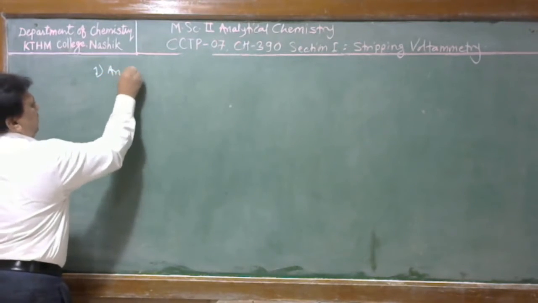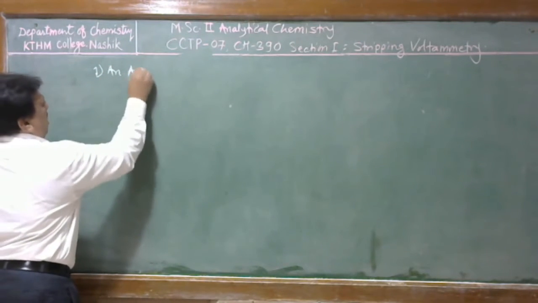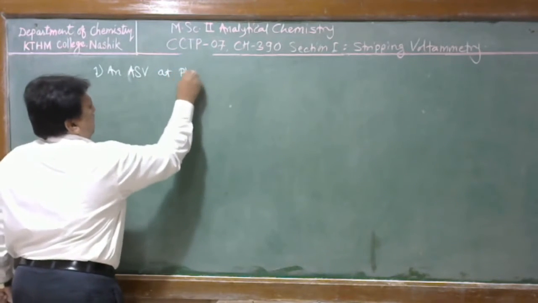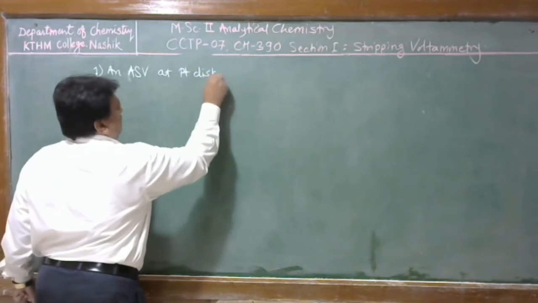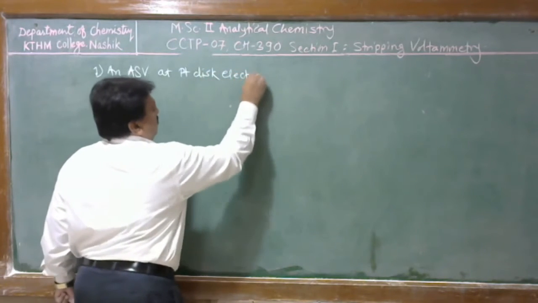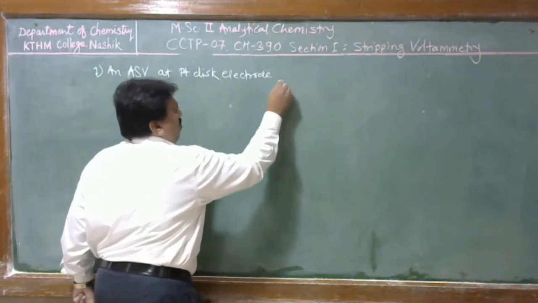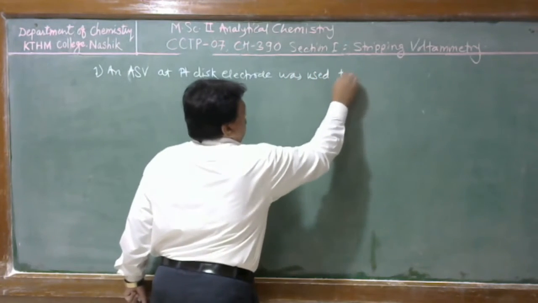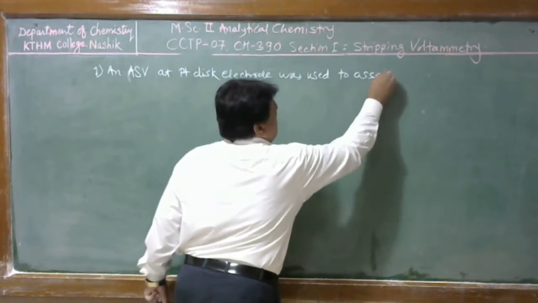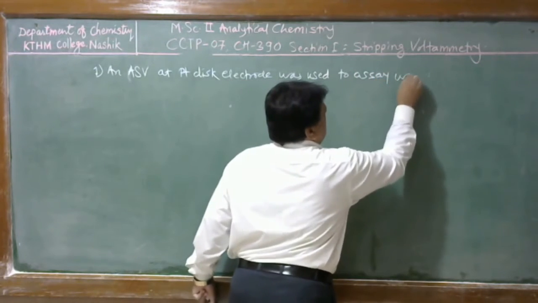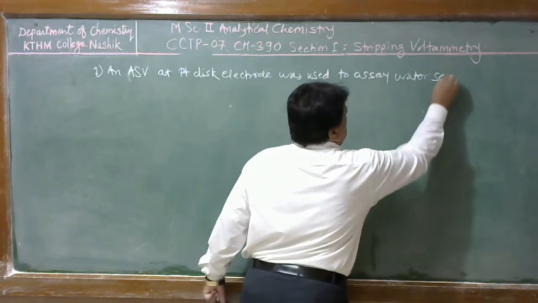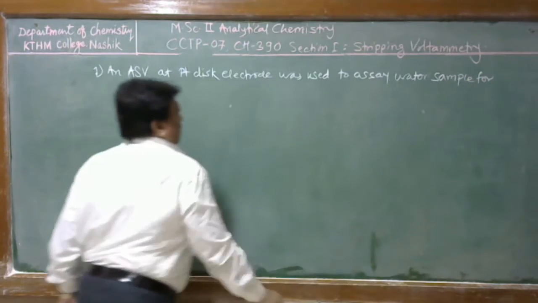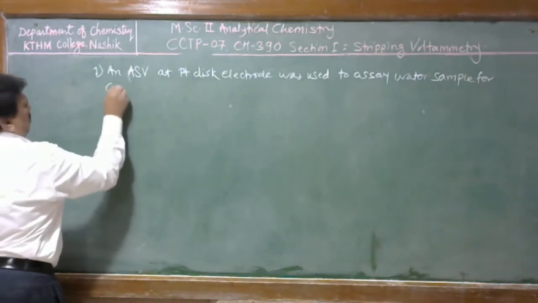an anodic stripping voltammetry at a platinum disc electrode was used to assay a water sample for copper 2+.